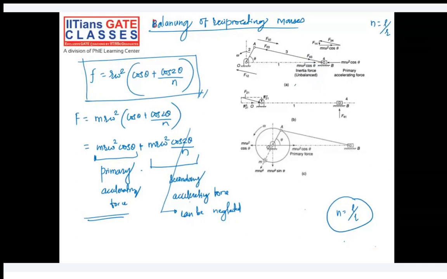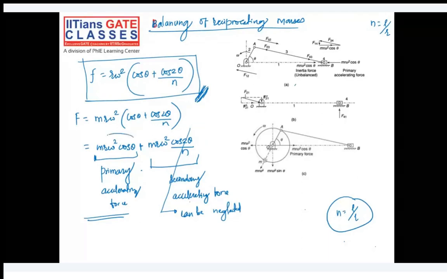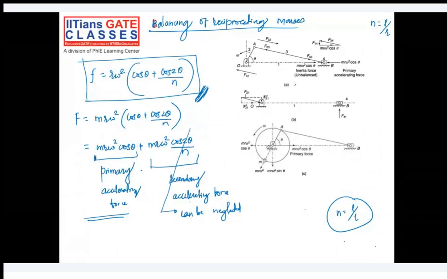We already know the acceleration of the slider is r omega square times cos of theta plus cos of 2 theta by n, and we already studied that the secondary acceleration can be neglected, so only mr omega square cos of theta is the inertia force on the sliding member, which is the piston in this case. Is it clear now? Mr omega square cos of theta.